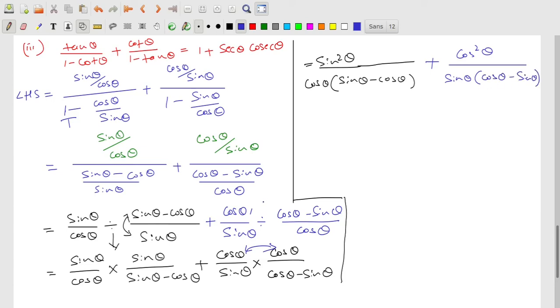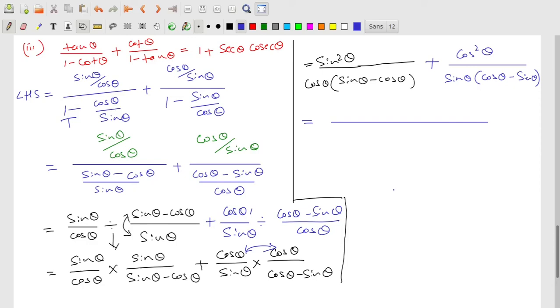Fine. So now again you need to consider these two as two fractions and then simplify. So now if I take these two as fractions, then what would be the LCM? This step is important. Most of you are a bit confused with taking LCM when you have these algebraic or trigonometric expressions. So I will give you an example.